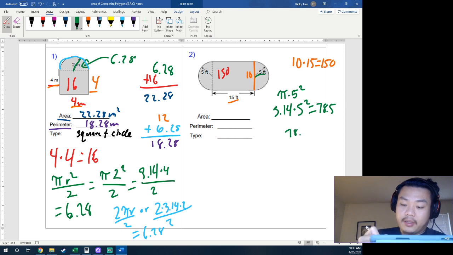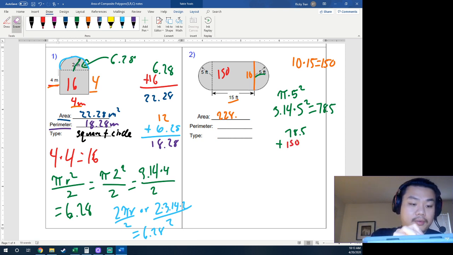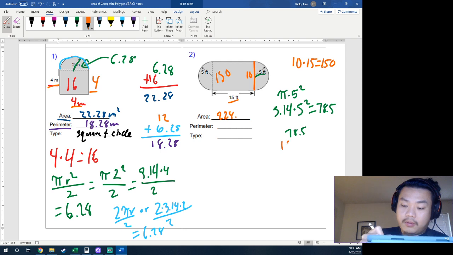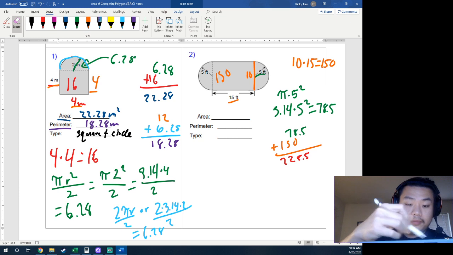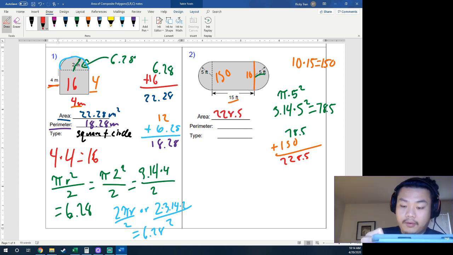Then we add 78.5 plus 150, which is 228.5 feet squared.